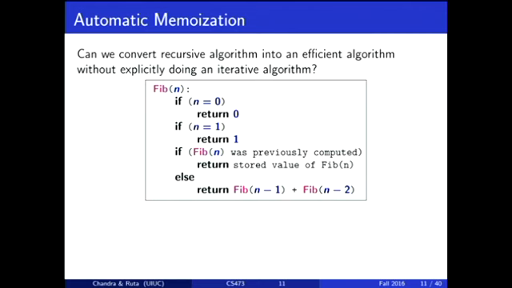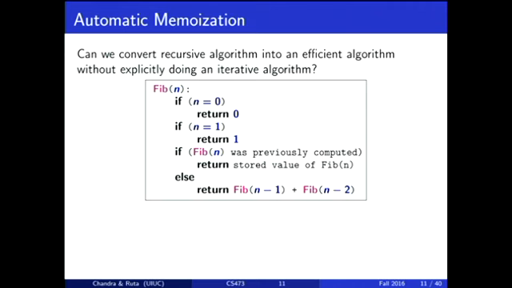When I get a new instance, I ask, have I computed it previously? I check in this data structure. If it is there, I return the value. If it is not there, I have to do the computation. So you can do it automatically. That's basically top-down automatic memoization. You just use a data structure like a dictionary.